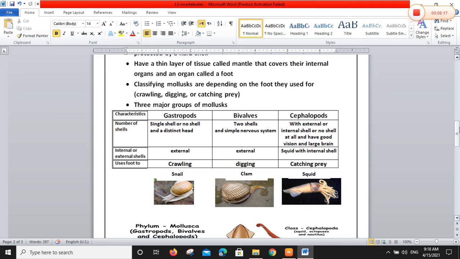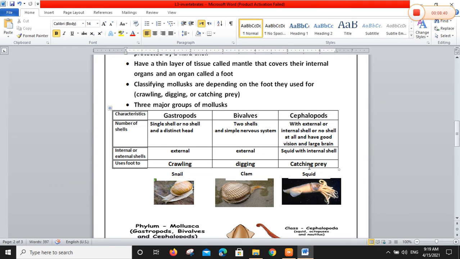Look in our book, page 151, at this table, where we make comparisons between the characteristics of each type. Number 1, gastropods. Number 2, bivalves. Number 3, cephalopods. These are the main types of mollusks.